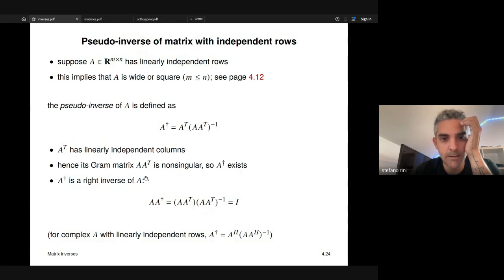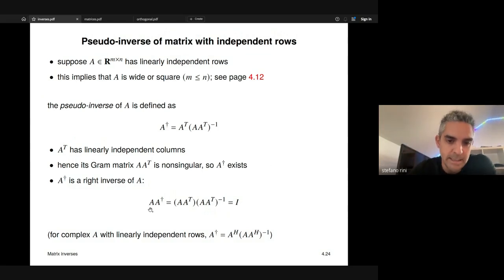This means that the Gram matrix A times A transpose is non-singular, because of linearly independent rows. So then this can be inverted, and we again, in a sense, adjust the dimension by multiplying by A transpose, so that the product of this object is N times M. And then, as the pseudo-inverse before was a left inverse, you can imagine that this time we have the right inverse.